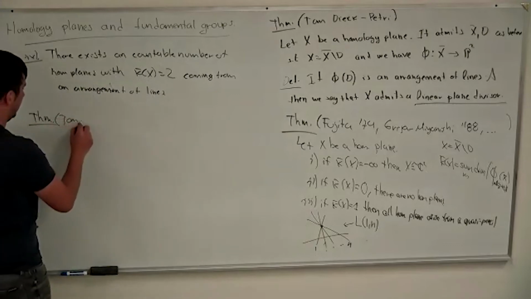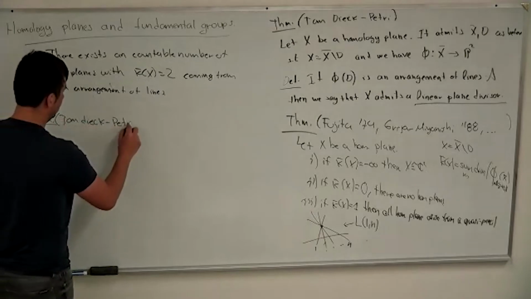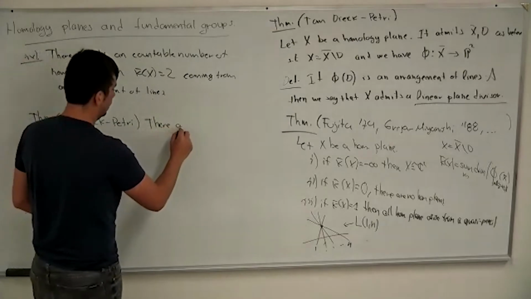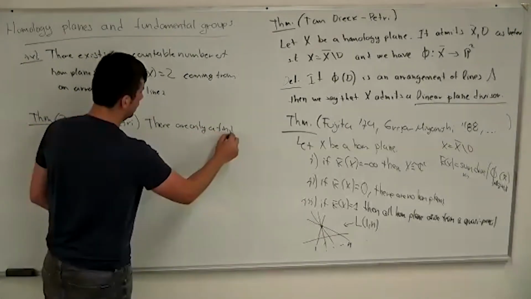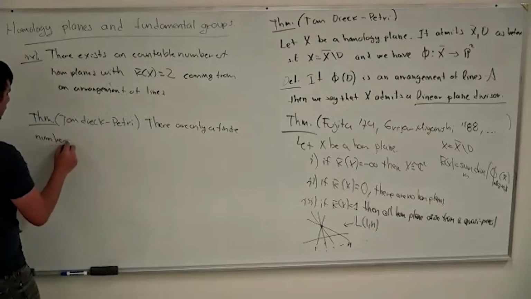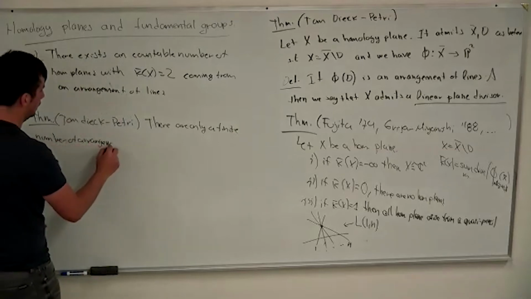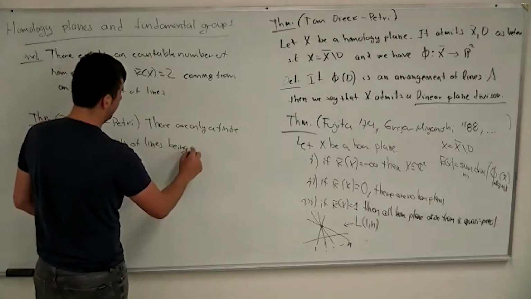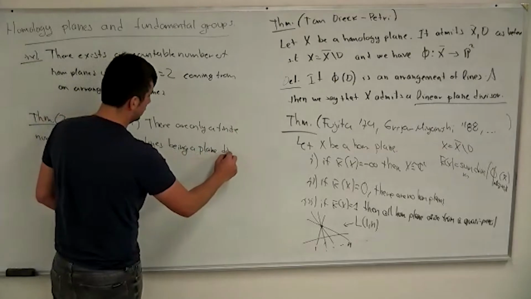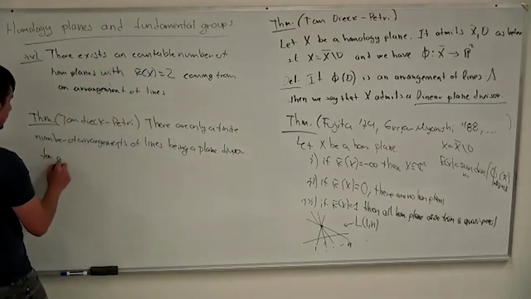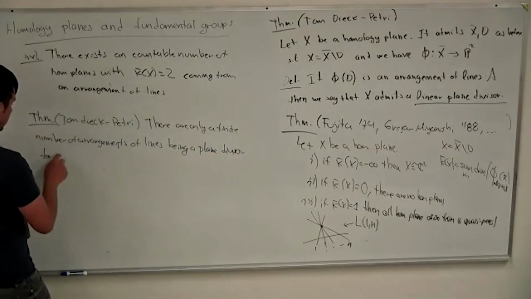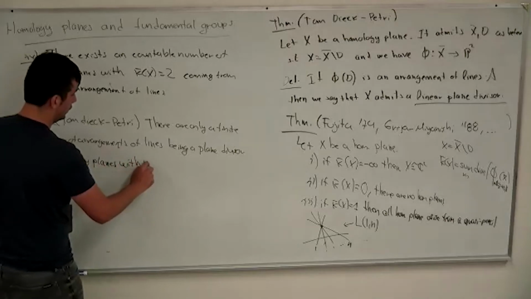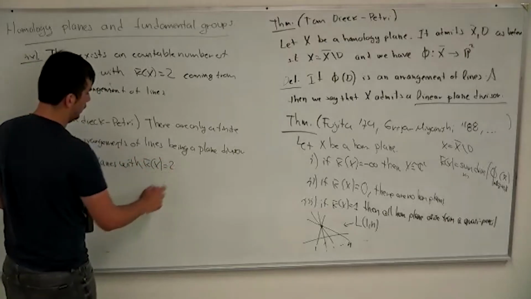So this is the first in the classification, and well, let me put it like a theorem. Tom, Dick, and Petri: there are only a finite number of arrangements of lines being a plane divisor for homology planes with logarithmic Kodaira dimension equal to 2.